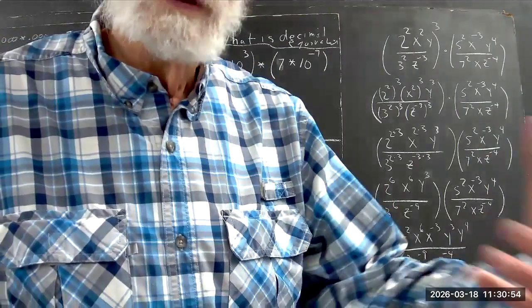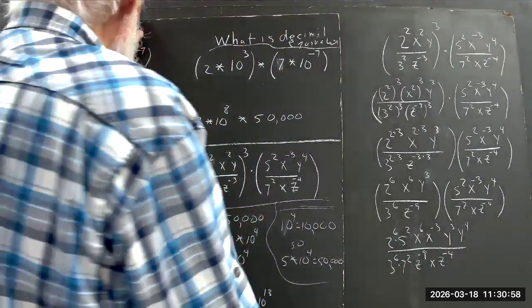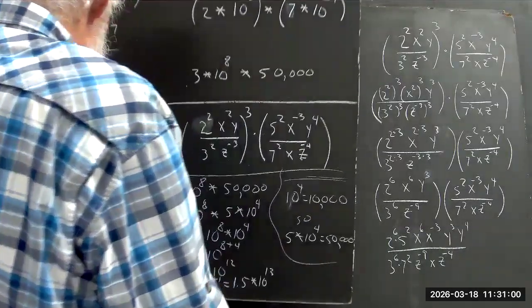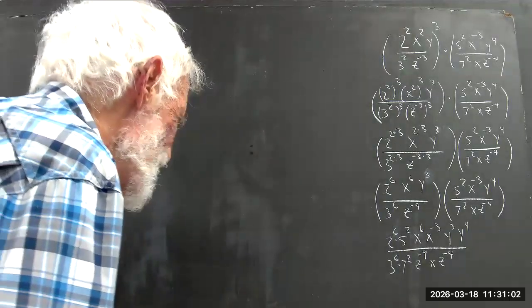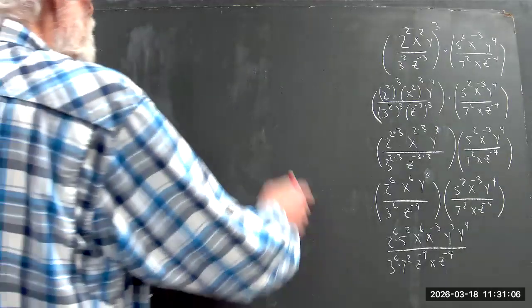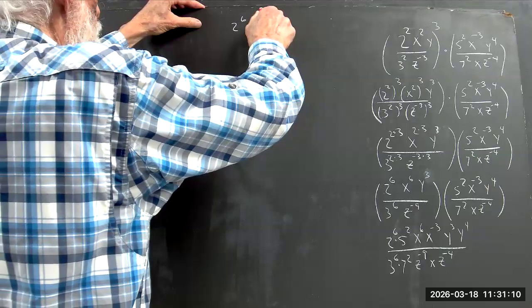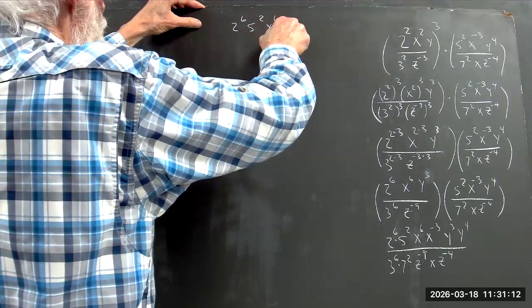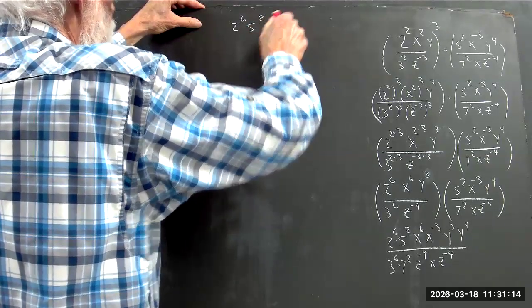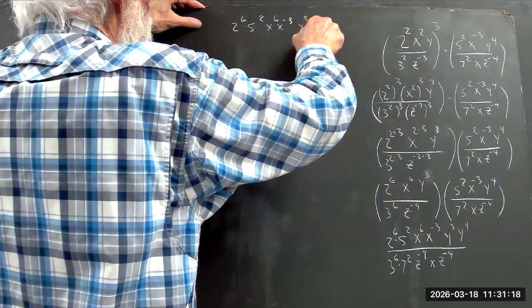But first, practice it and write out every step so you know what you're skipping. Okay, so I'm going to write that whole thing real quickly. Keep track of what we're doing.